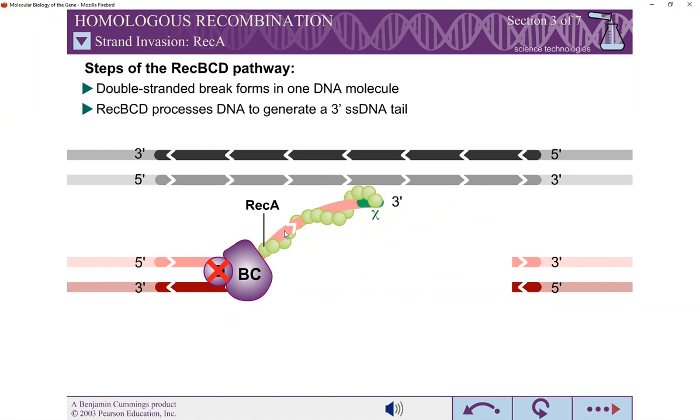Now, this single-strand overhang of the DNA will bind with a protein called the RecA protein. This RecA protein will take this single-stranded DNA molecule and integrate it over the complementary sequences in this manner.